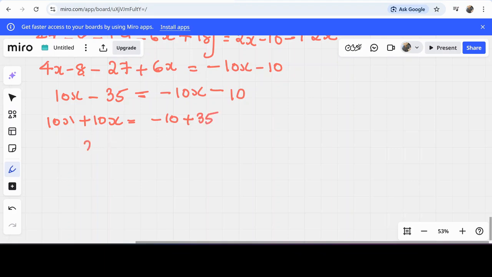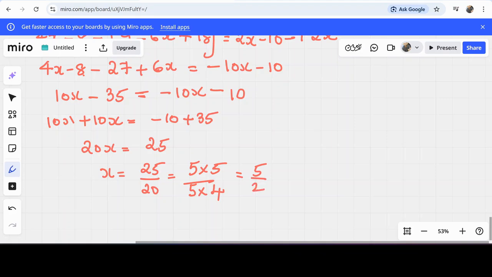Now I can write 20x is equal to 25. Why? Because minus and positive, first we have to do the subtraction, then we have to put the sign of the greater number. Then x is equal to 25 by 20, which I can solve using 5 into 5 divided by 5 into 4. So the final answer will be 5 by 4.